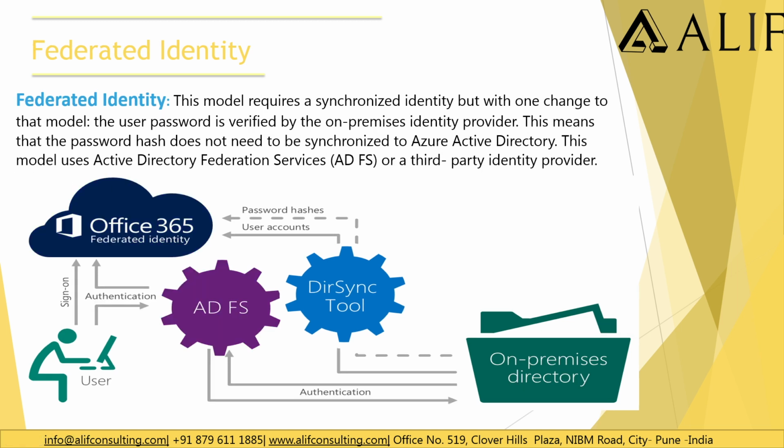Similar to that would be the federated identity. The process would be the same over here, but you see it goes from the cloud. The request goes, and I did explain to you about the global DNS server as well. So it would go to the sync server, and from the sync server to the on-premises, but first it would go to the ADFS server. The ADFS server would authenticate it against the on-premises Active Directory.